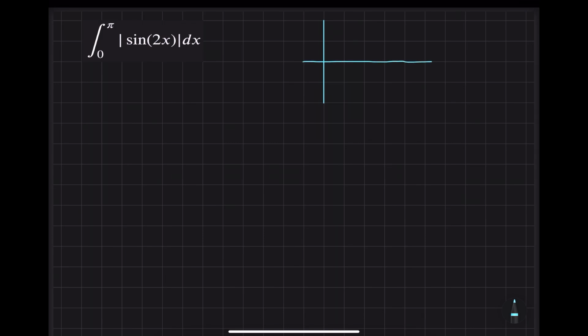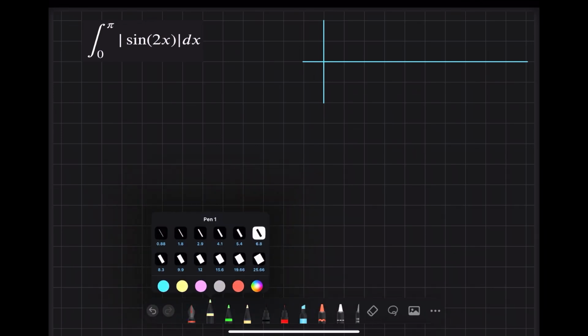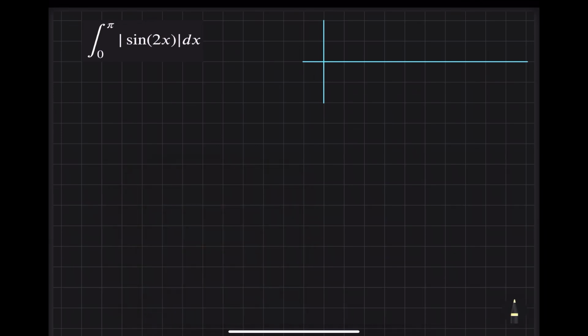So we have the x-axis and y-axis. We have to draw the graph till pi. Suppose this is the graph. This is pi, this is 2 pi.